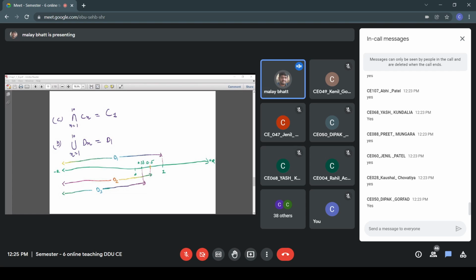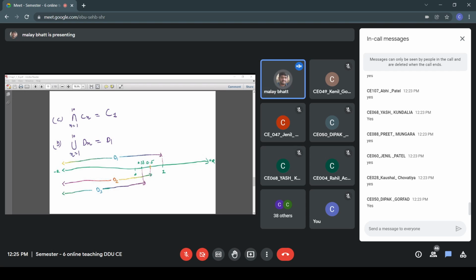The reason is that in case of D, D1 is the largest set. All other sets are subsets of it, they are part of D1. That's why we are considering the answer as D1.